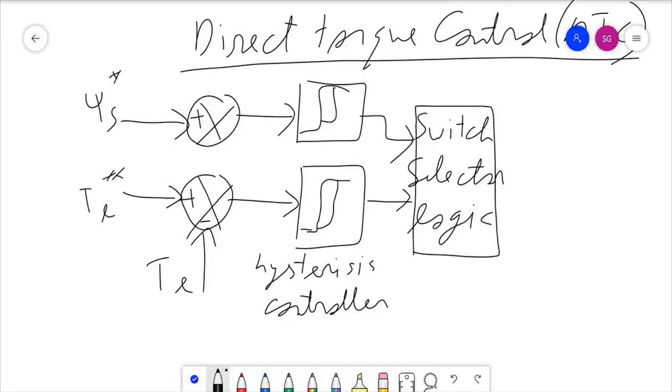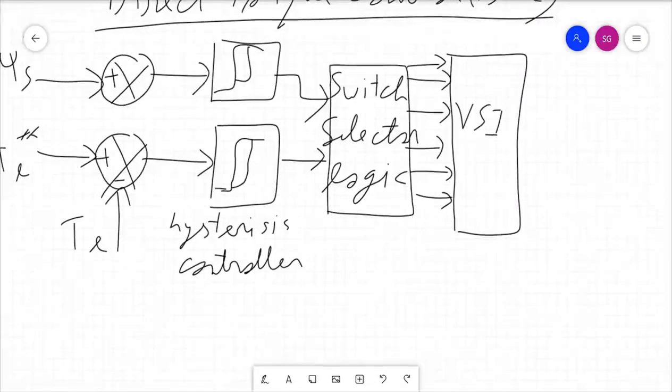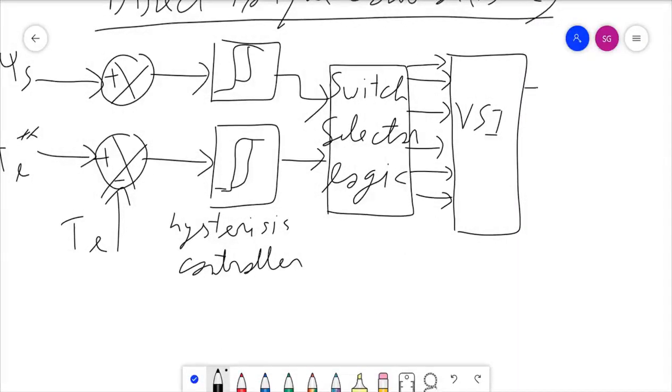So as per the error in the stator flux and electromagnetic torque, these switches in the inverter are made on or off. There are six switches in the VSI. So I have made six signals. So this is VSI, and from VSI it goes to your induction motor.